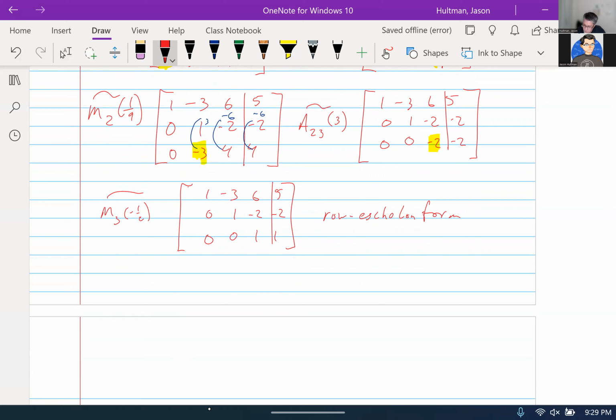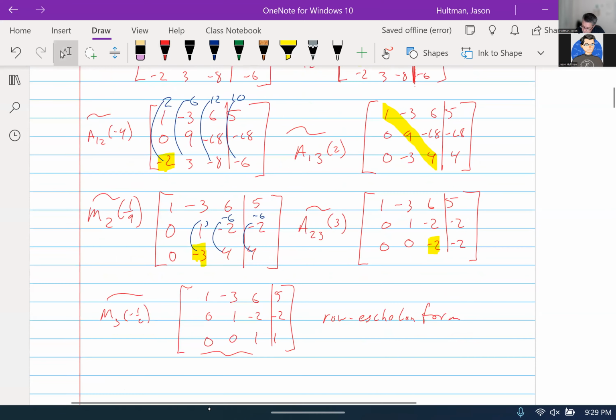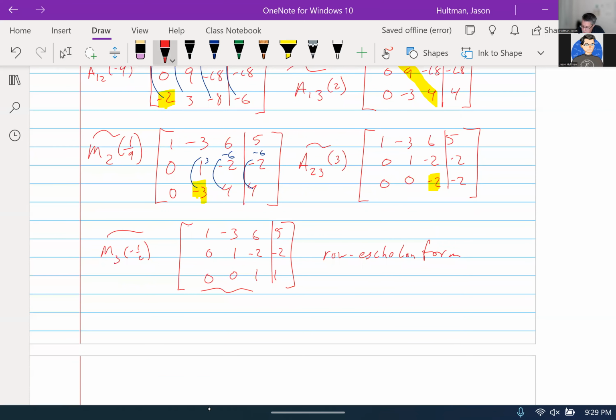Okay, so we created a coefficient matrix in the very beginning that represented the coefficients of our system of equations, and now we have a different coefficient matrix. It's a little bit more simplified, and we can use back substitution to actually get the values of our variables. So let's go ahead and do that.